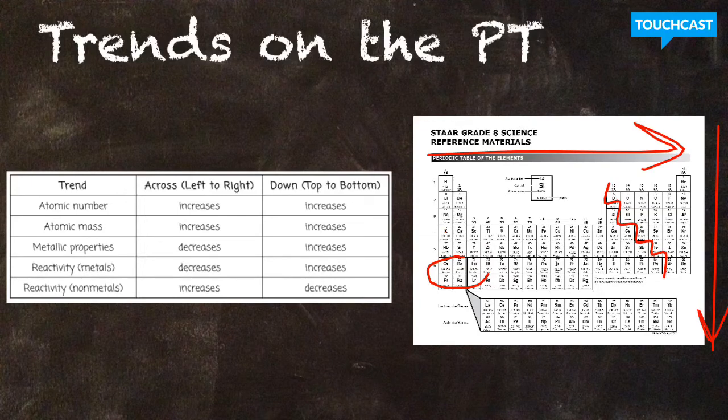For nonmetals, it's the opposite. The nonmetals that are further to the right are actually more reactive, and further down, they're less reactive. Please make sure you include the exception to this reactivity for nonmetals rule, and that's group 18. Even though they're nonmetals, they're not as reactive as group 17 because they have full outer shells.